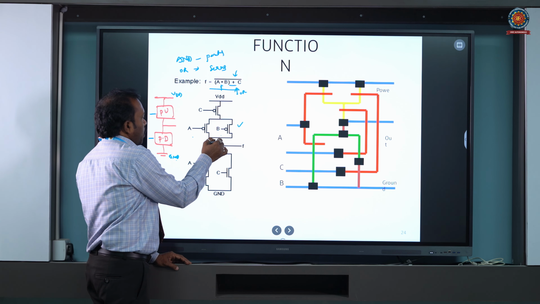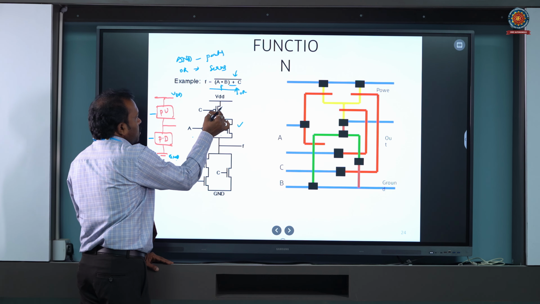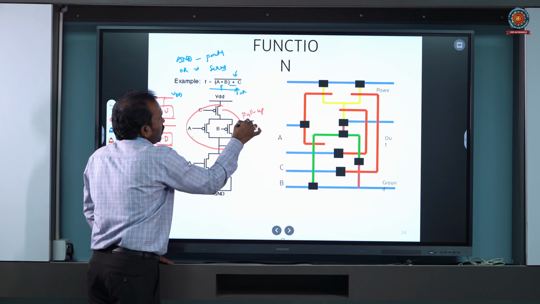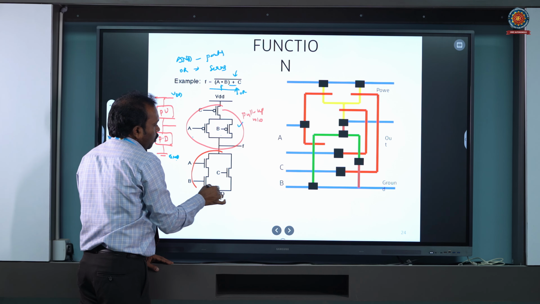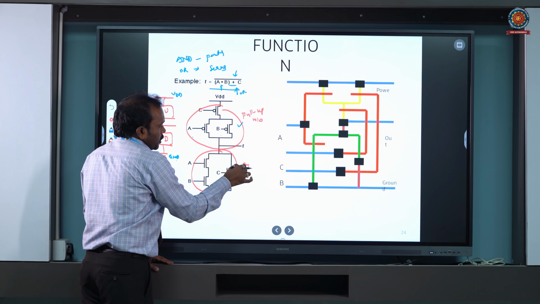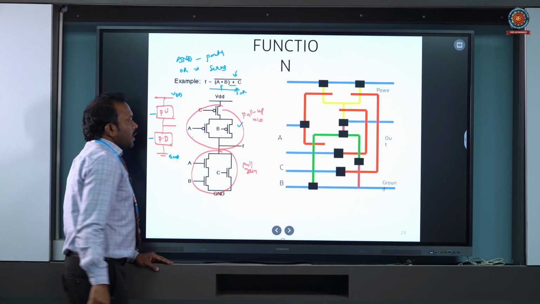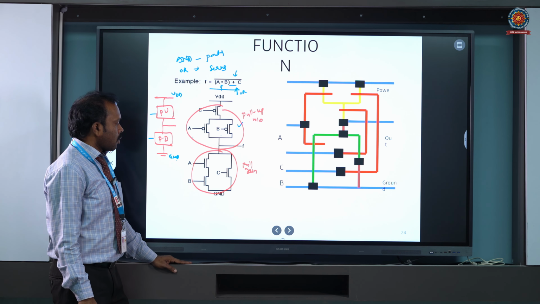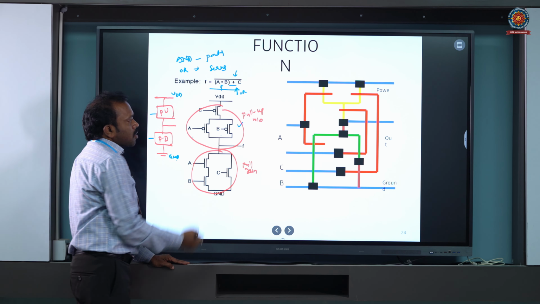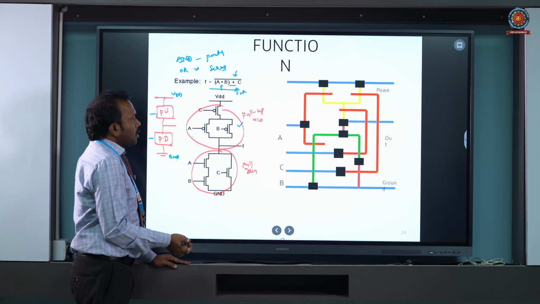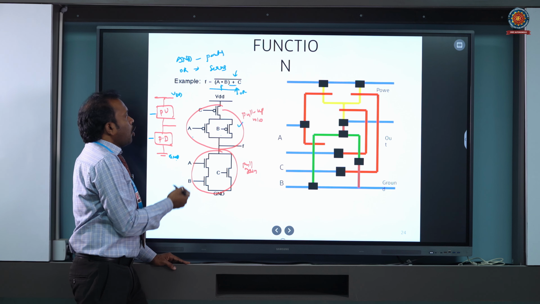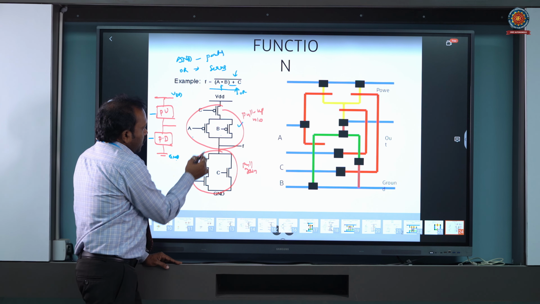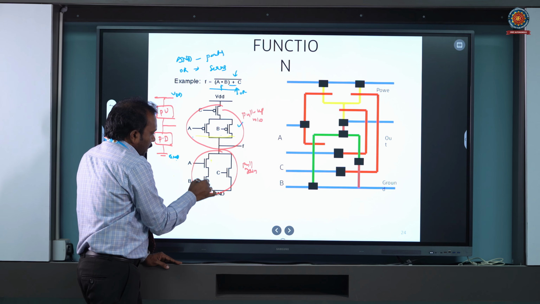Now this is called your pull up network, and this is called your pull down network. So how to draw this? Now the exact opposite of this pull up network can be drawn in the pull down mode, where see here the C is connected in series with the parallel combination of A and B. So now the C is connected in parallel with the series combination of A and B. As you see here, these two are in parallel, whereas these two are connected in series.